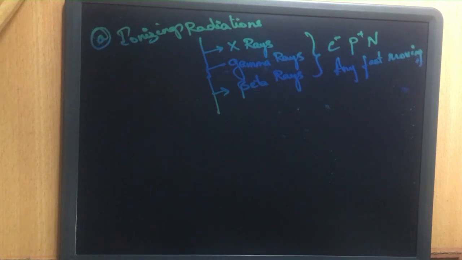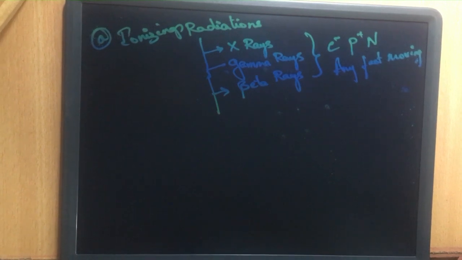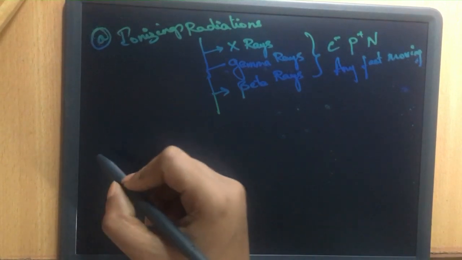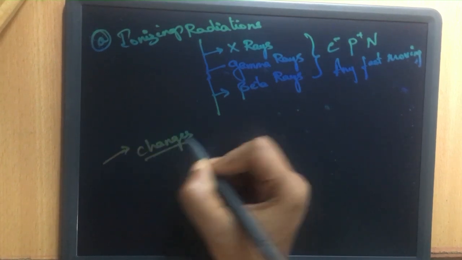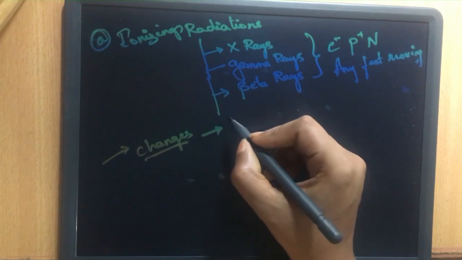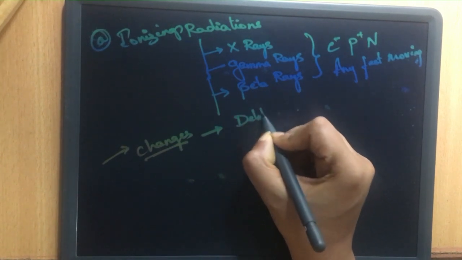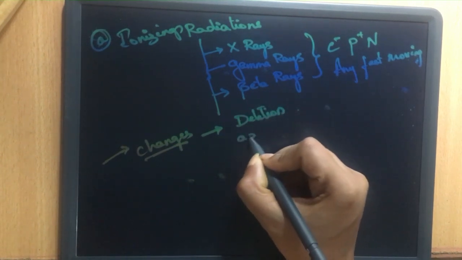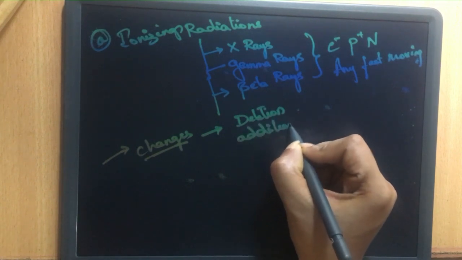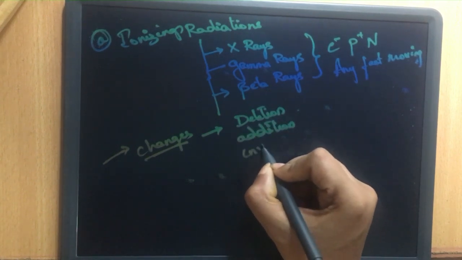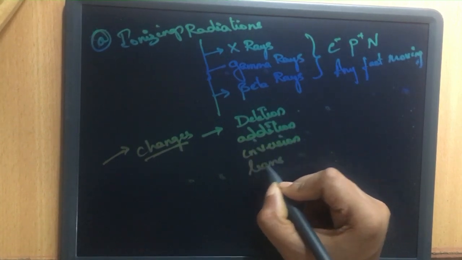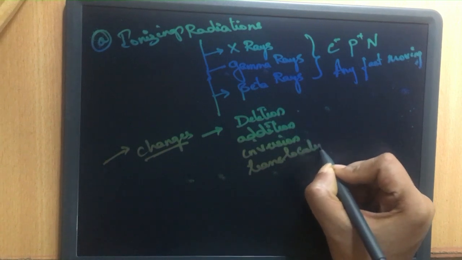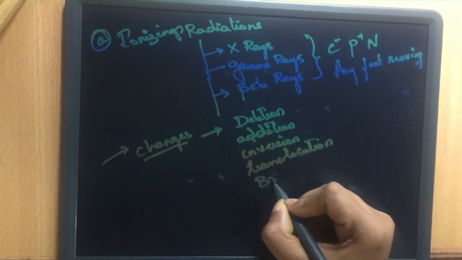Okay, the process by which ionizing radiation can trigger mutation is still mostly unknown. Many changes occur in the chromosomal DNA in the form of deletion, addition of bases, inversion, translocation, or breakage.